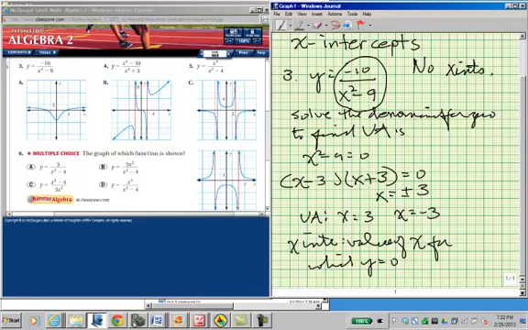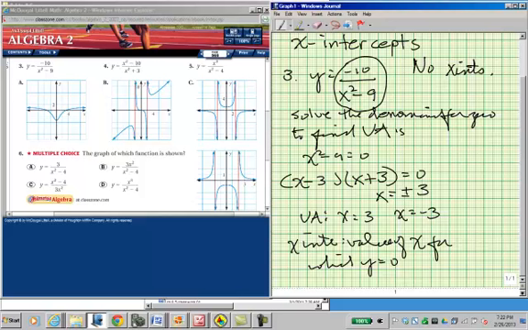x-intercepts. Okay, so when we're looking at this function and this function, we can see that this function here, C, has no x-intercepts. There's nowhere where the graph crosses the x-axis, whereas for B, you can see that B has an x-intercept.